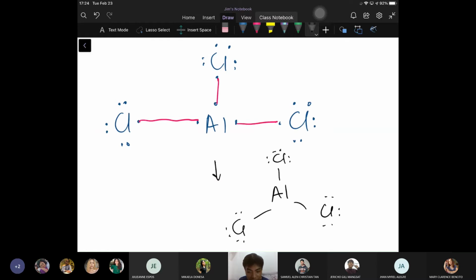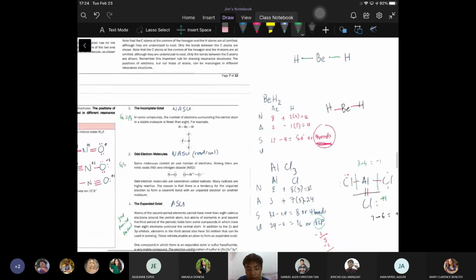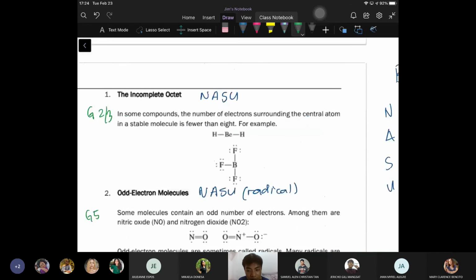Okay, so yan yung final structure ng aluminum chloride. Okay, so yun na yun. It doesn't matter whether aluminum is octet or not, kasi pag nasa group 2 and group 3, incomplete octet talaga yan. So ano ulit gagawin nyo to determine whether that's incomplete octet or not? You check, sino sa dalawa yung magiging central atom ko? Okay, if my central atom is in group 2 or in group 3, then wag na akong magna-NASA rule.